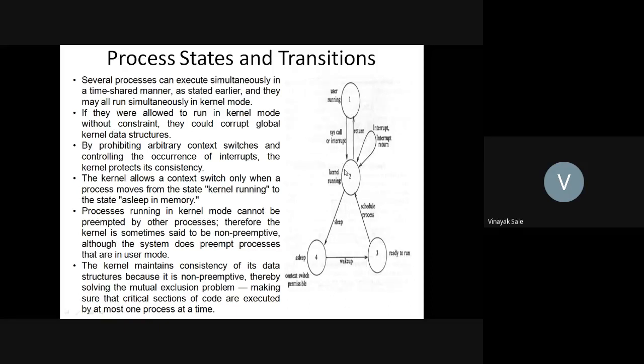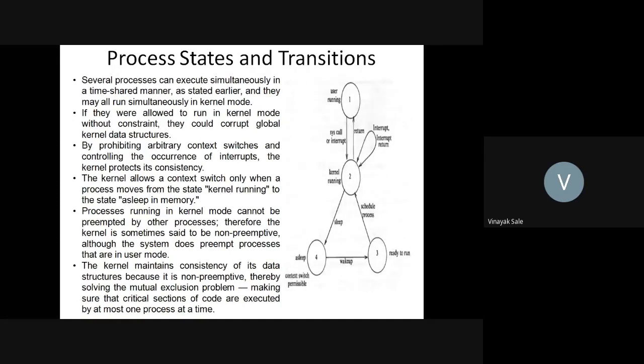From state 2 to state 4, processes running in kernel mode cannot be preempted by other processes. Therefore, the kernel is sometimes said to be non-preemptive, although the system does preempt processes that are in user mode.